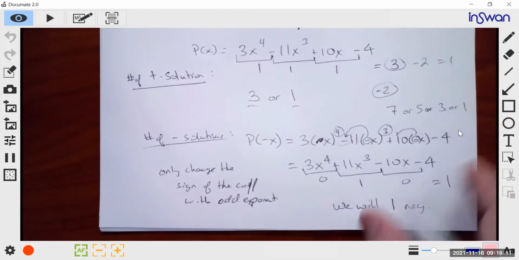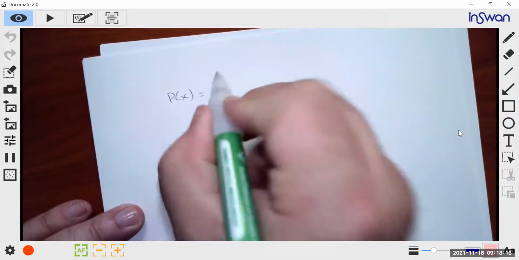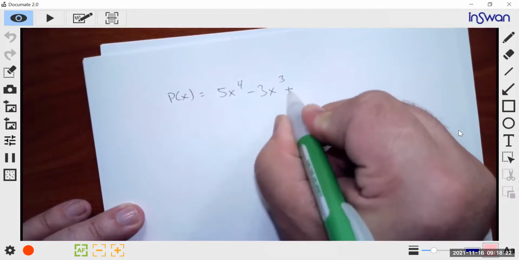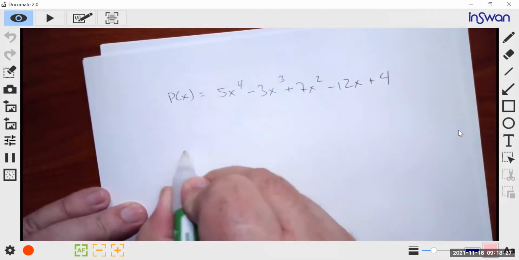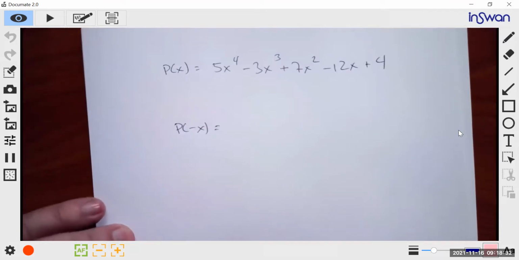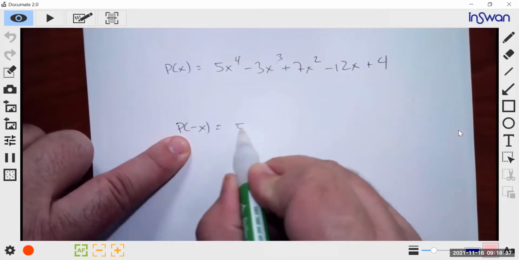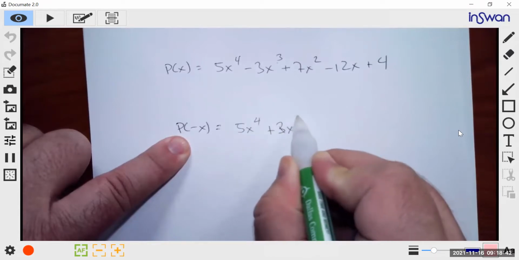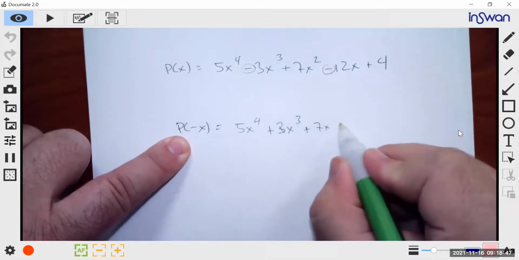Well, actually, let's do another one real quick. Let's look at this one. This one's pretty big, which I wanted to do. And the negative one. So for the negative one, all you have to do here is anywhere you see an odd exponent, change the sign in front of it. So I got to change that sign and that sign.